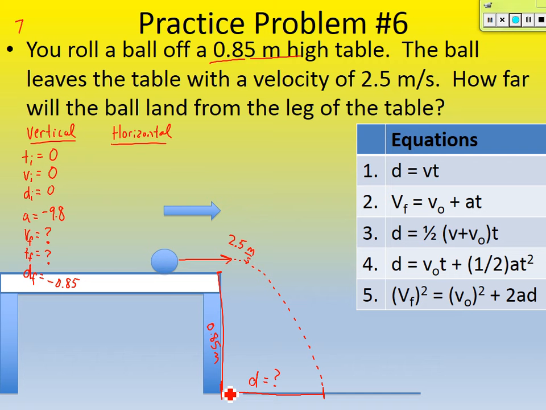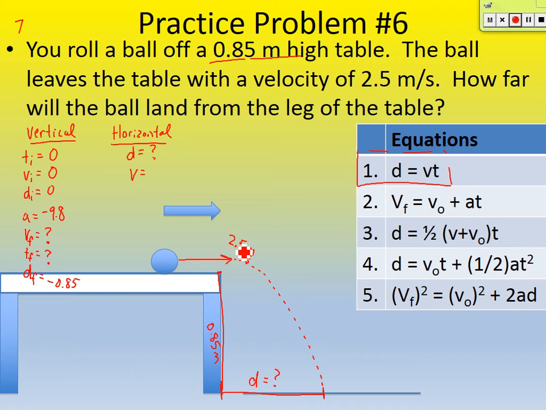Okay. Now let's list our variables that we have to list horizontally. And if we look at our equations, this is the only one that's the horizontal. So this is our only horizontal equation. So we just need to know displacement horizontally. Do we know it? Do we know this displacement horizontally? No. Okay. Do I know velocity horizontal?